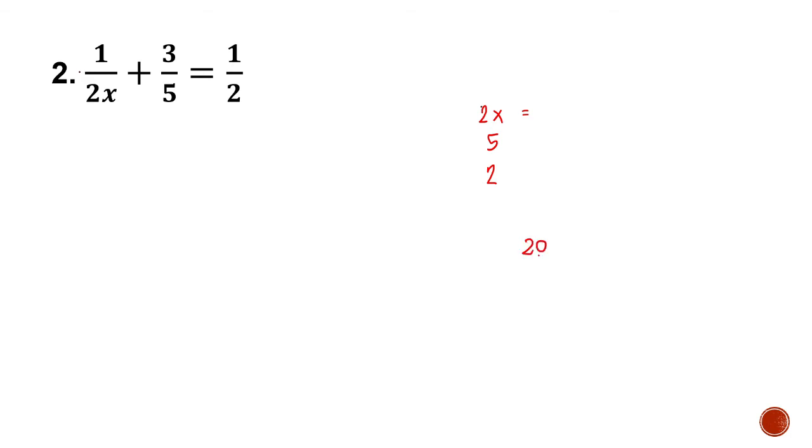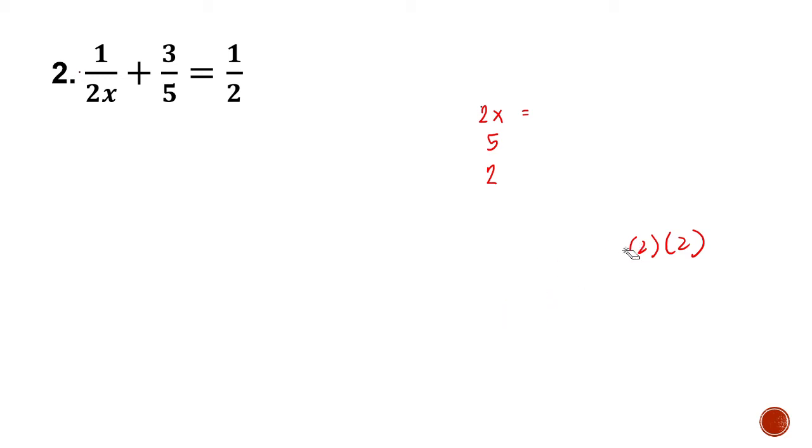Kung ifa-factor natin si 20 to its least possible component, so di ba yung factor ng 20 is 10 and 2, pero pwede nating i-factor si 10 ng 5 times 2. So dito wala nang pwedeng ma-factor. So ang prime factorization ng 20 is 5 times 2 times 2. So ganun po ang prime factorization. That is factoring the number to its least possible component.